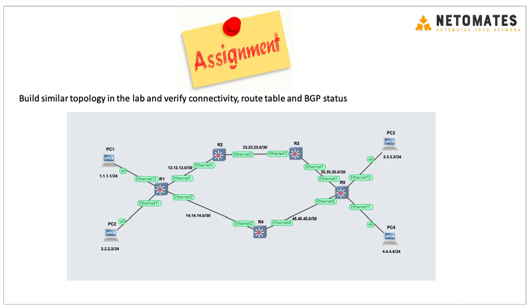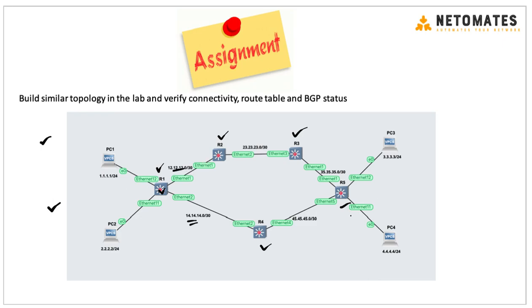So the assignment for this class is to build a similar topology and verify the connectivity between PC1 to PC3 and PC2 to PC4. Ping should work, and verify the routing tables on each router, and verify the BGP status using the show ip bgp summary command, and what routes are being received from R1 using the command show ip bgp neighbor 12.12.2 received-routes.